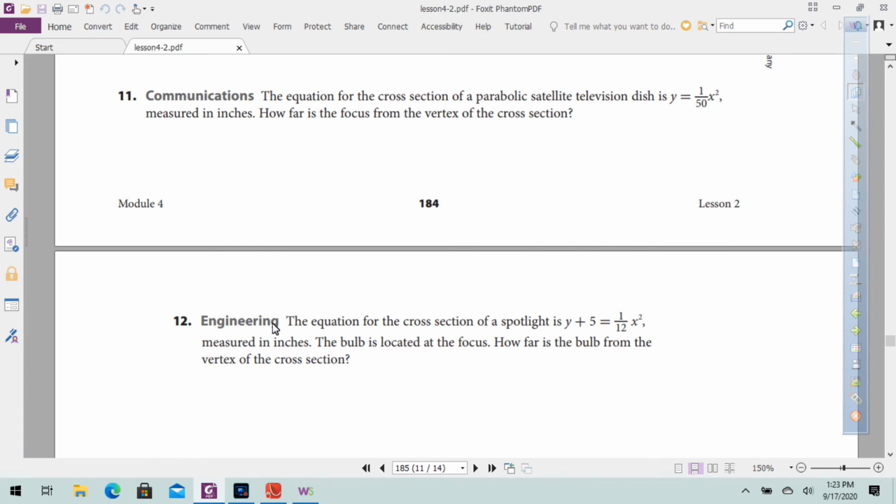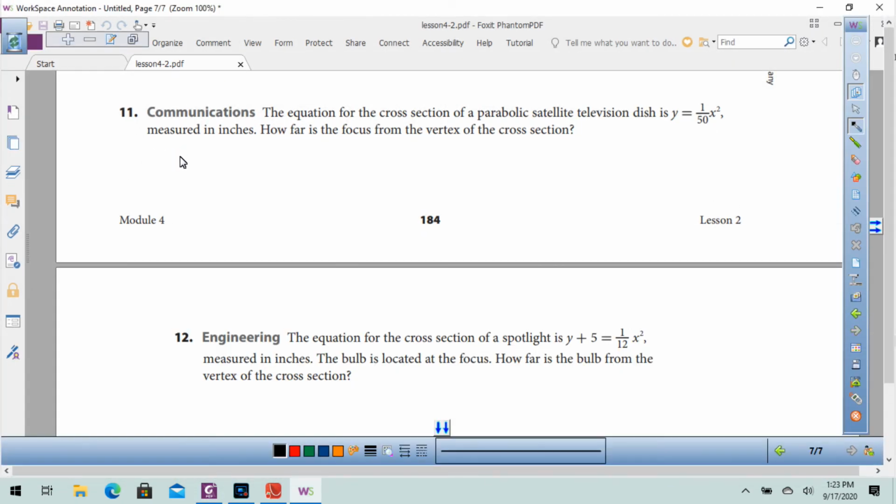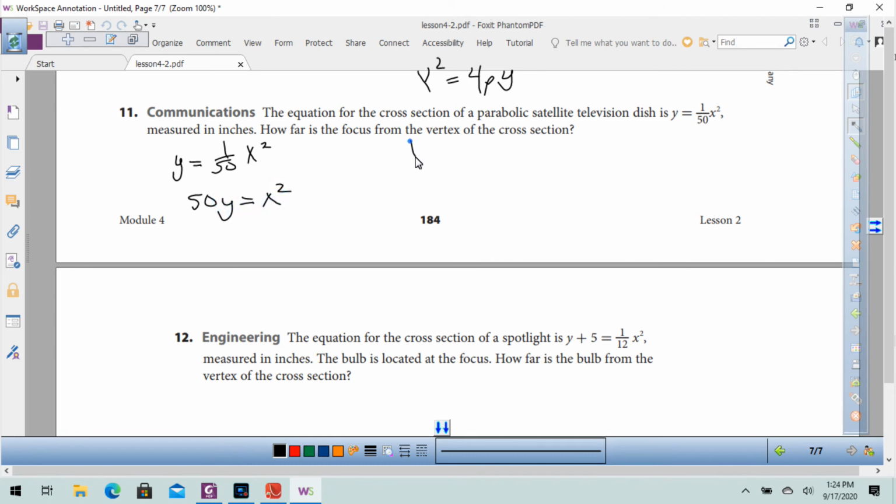Okay, we have y equals 1 over 50x squared, right? Now I did the equation as x squared equals 4py, right? So let's multiply 50 on both sides. We got 50y equals x squared, so x squared equals 50y.